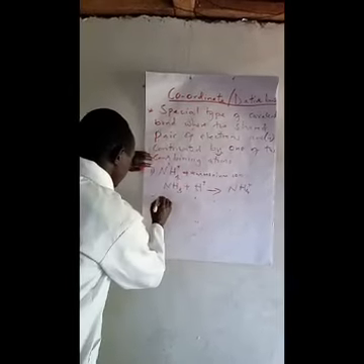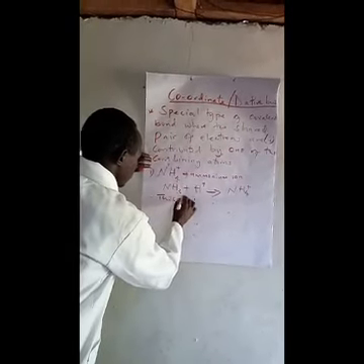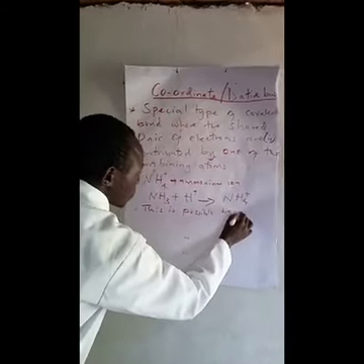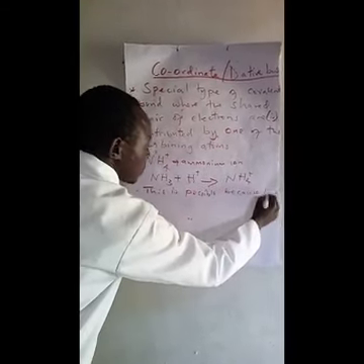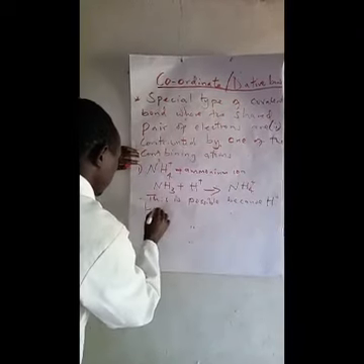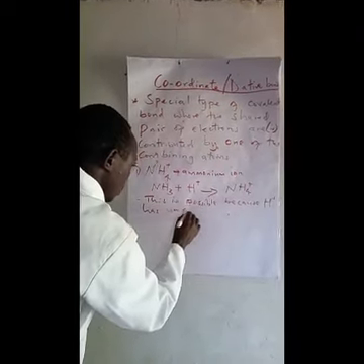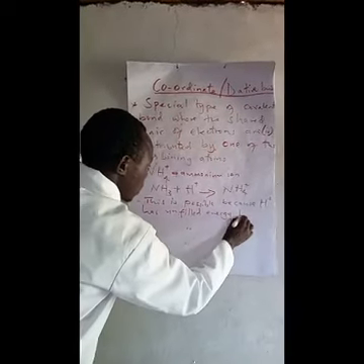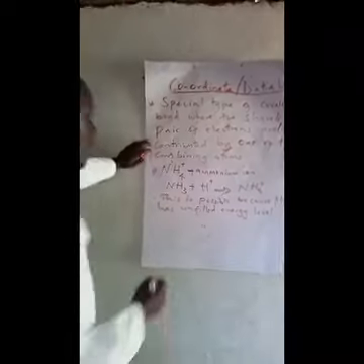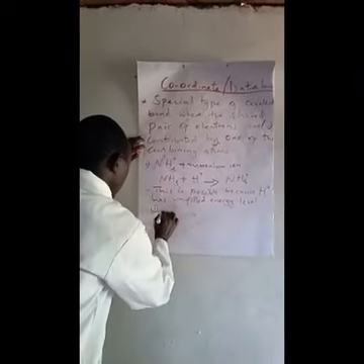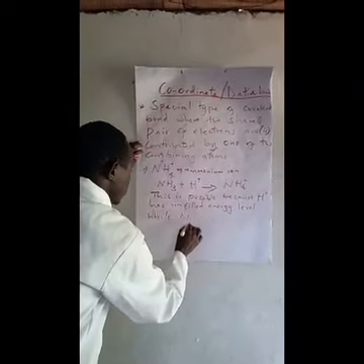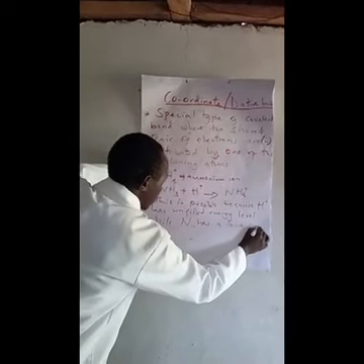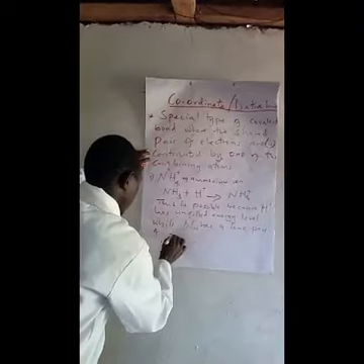Now this is possible because, maybe we can make it one sentence, hydrogen ion has unfilled energy level, while nitrogen has a lone pair of electrons.